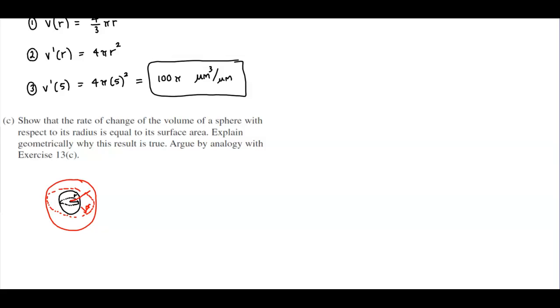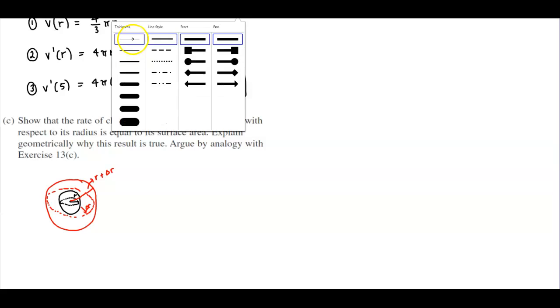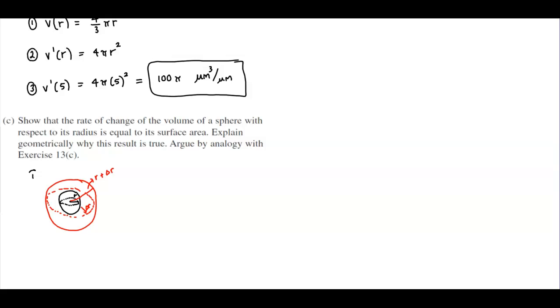So from here to here, this represents R plus the change in R. So this is what it looks like geometrically.